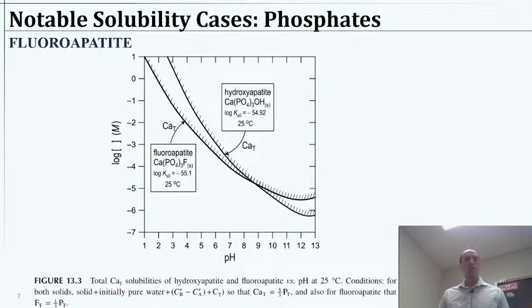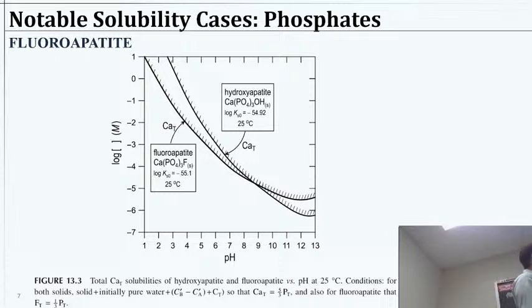Okay, the other important phosphate mineral would be fluoroapatites. And this one is calcium again, so calcium, phosphate, and fluoride instead of the OH- group. So fairly similar, we can plot these two on a similar diagram.